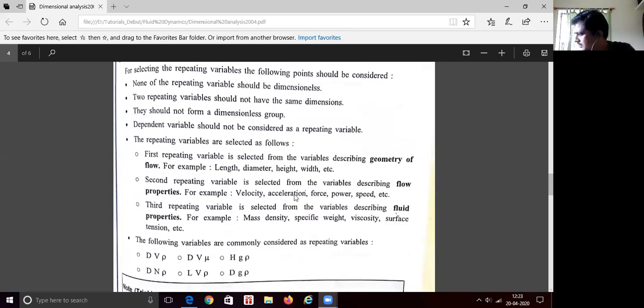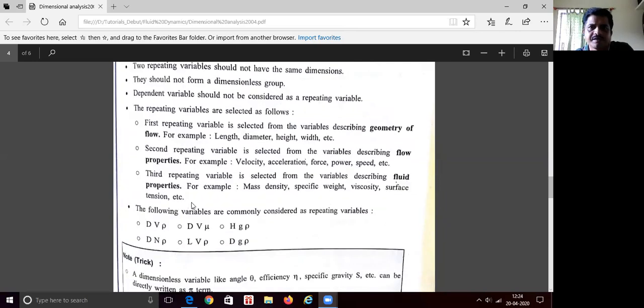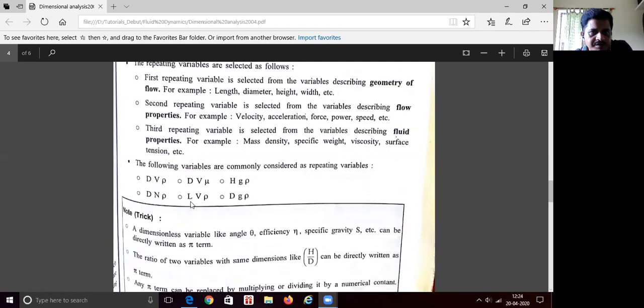So these are flow related variables. Similarly, the last one among the repeating variables is fluid properties. Properties like density, specific weight, viscosity, surface tension. These are all properties of a fluid. You remember this: the following variables are commonly considered as repeating variables.